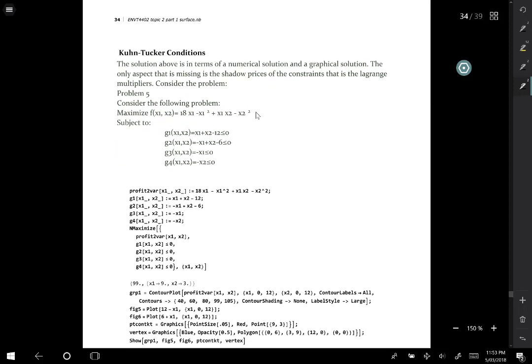So let's look at another problem here. So we're going to maximize this objective function here, which we've encountered before. There's two constraints here, and then there's another two constraints there, which are actually the non-negativity conditions.